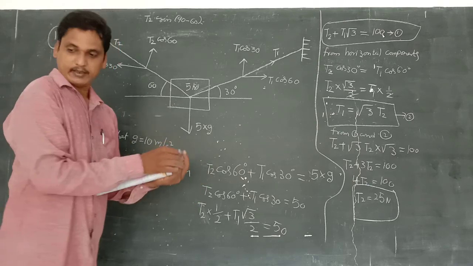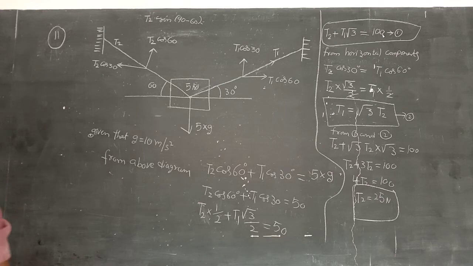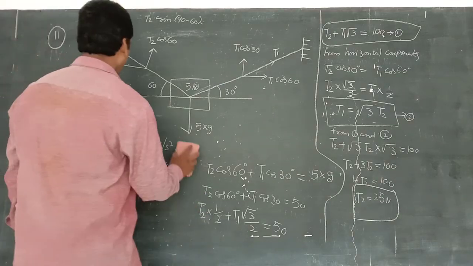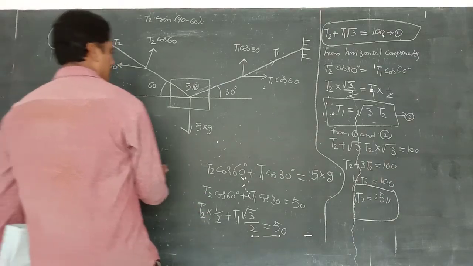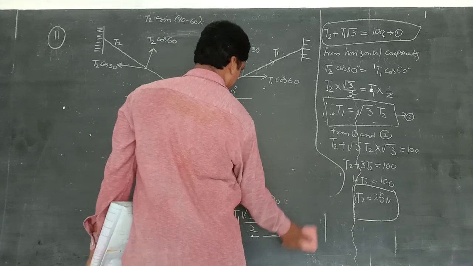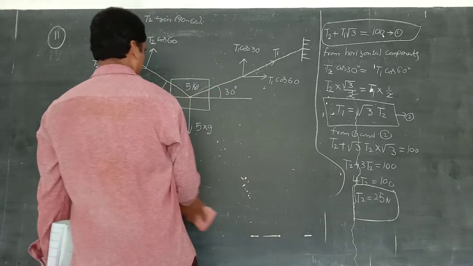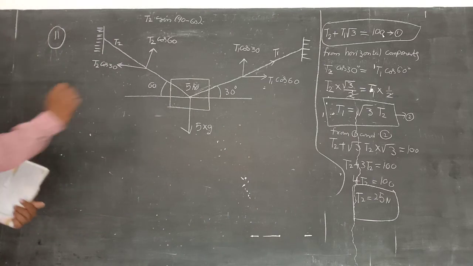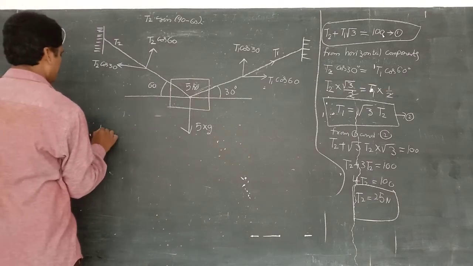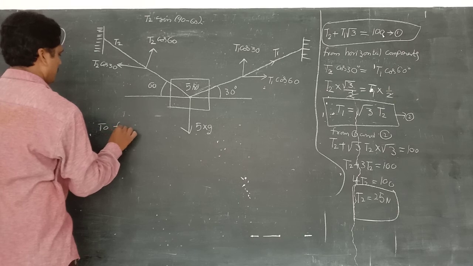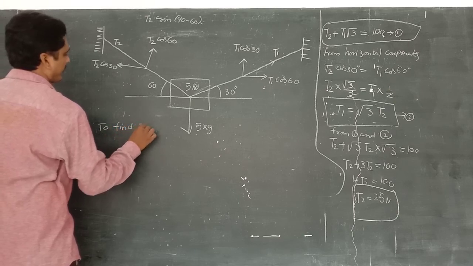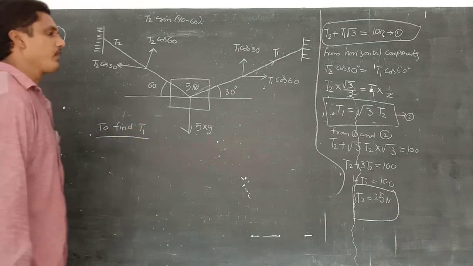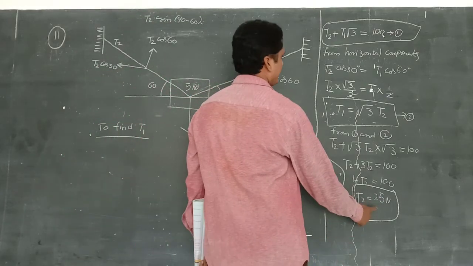What is T1? To find T1, we know that T2 is equal to 25 newtons.